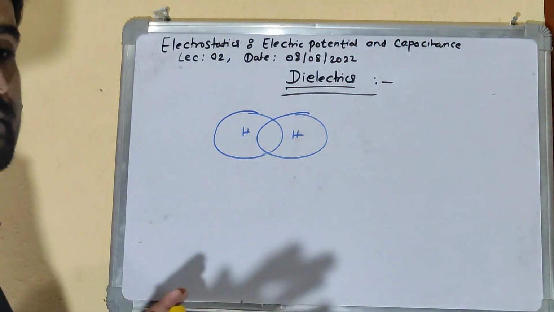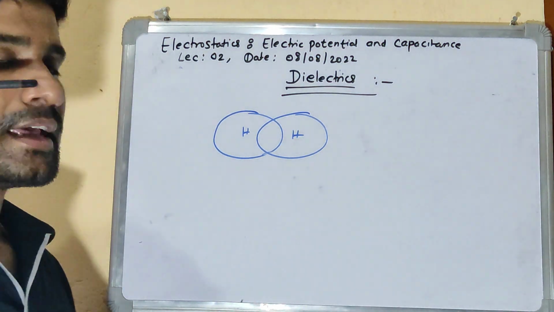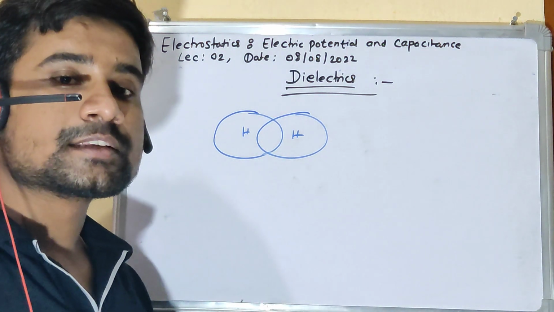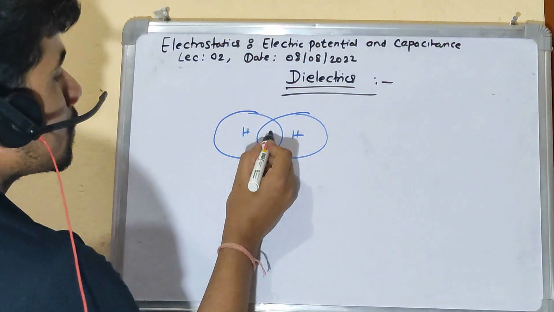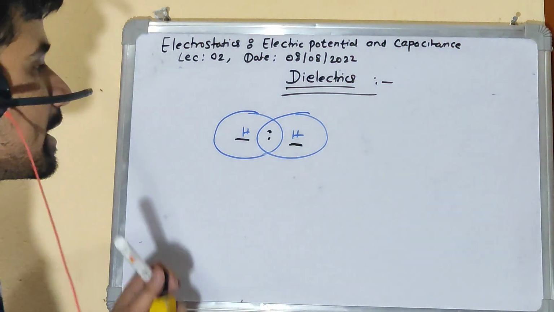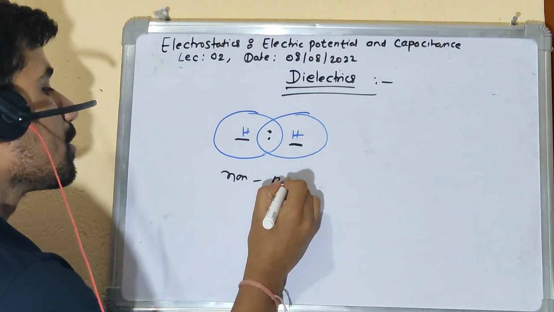Because these two atoms are symmetric to each other, and they have a similar kind of polarity, a similar kind of attracting power on the shared electron. So there is a shared electron here. Whatever capability this H has, this H also has the same capability, and hence this is a non-polar molecule, right?